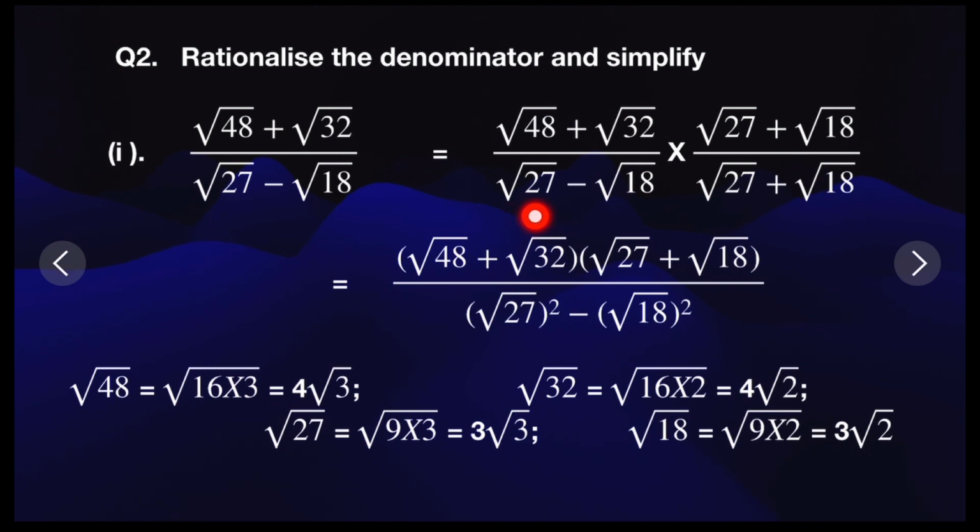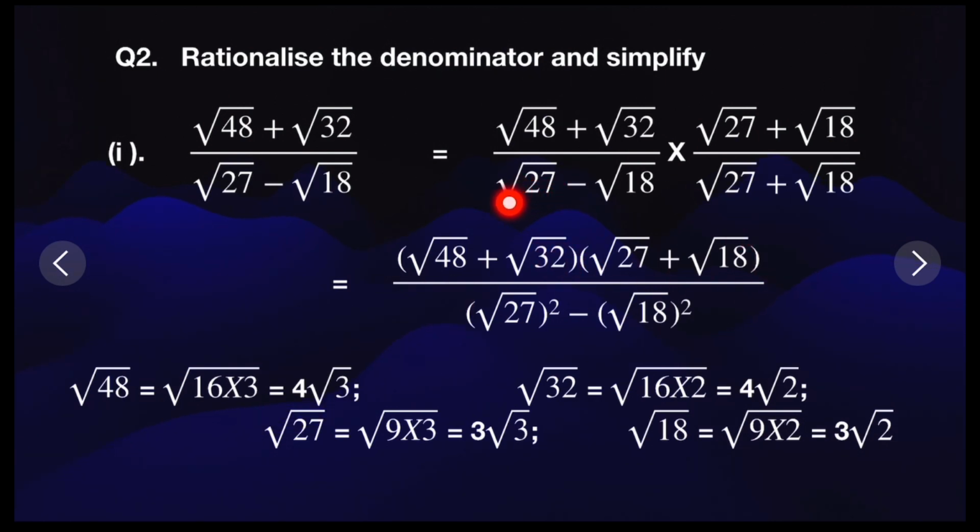So here it is root 27 minus root 18. So I am going to multiply here with root 27 plus root 18. Numerator also with the same. So this, put it in a bracket, this expression multiplied by root 27 plus root 18, this also in a bracket.